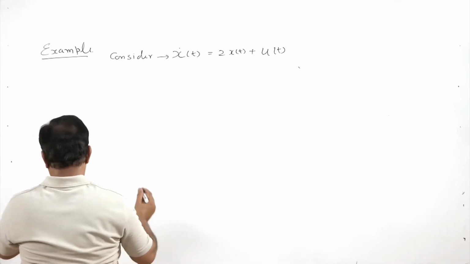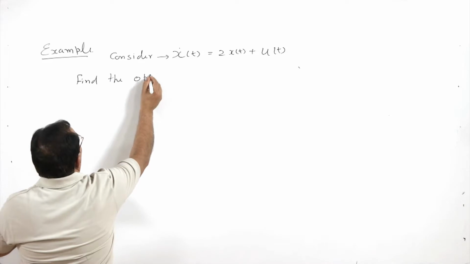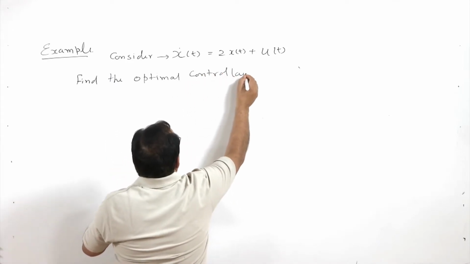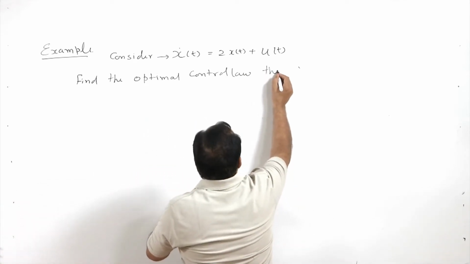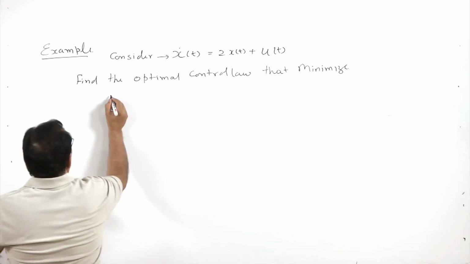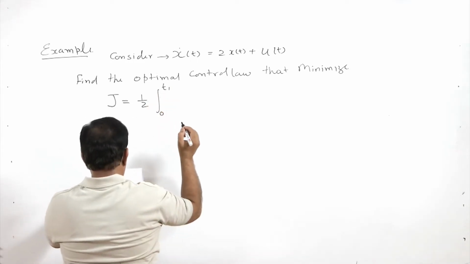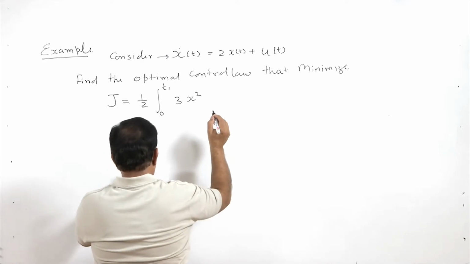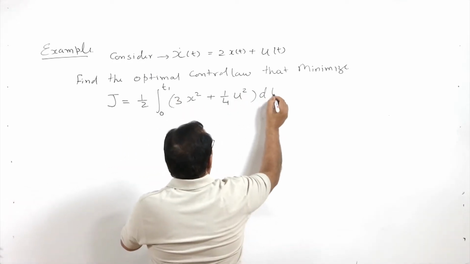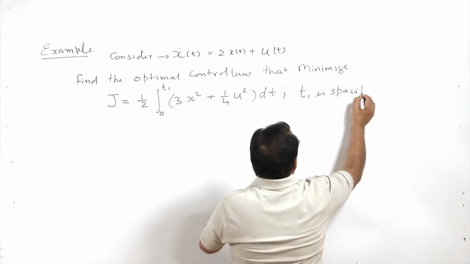My objective is to find the optimal control law that minimizes my J, and in this case my t1 is specified.